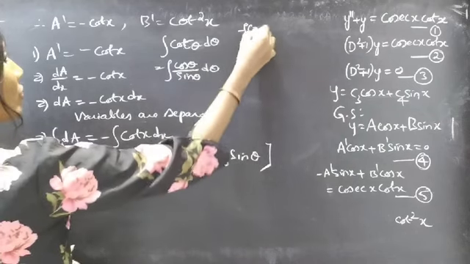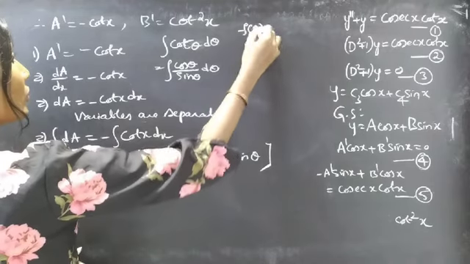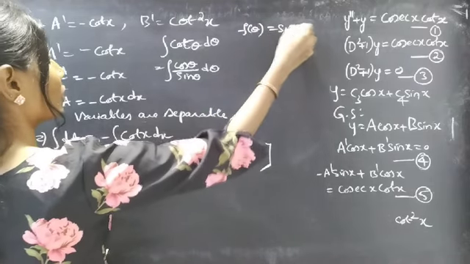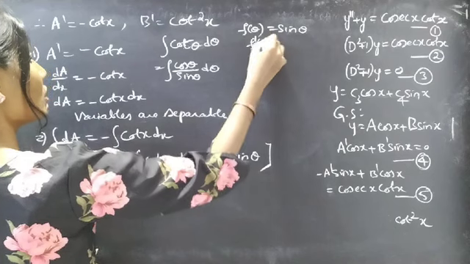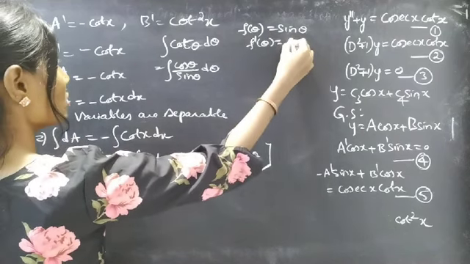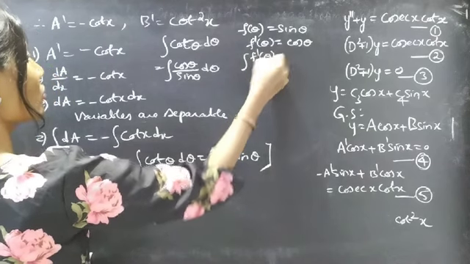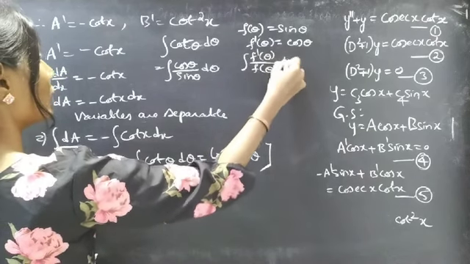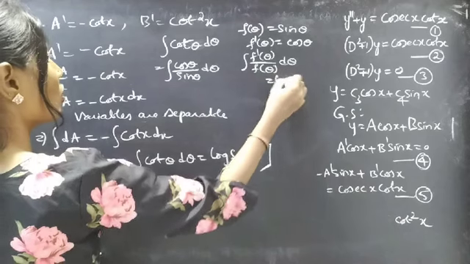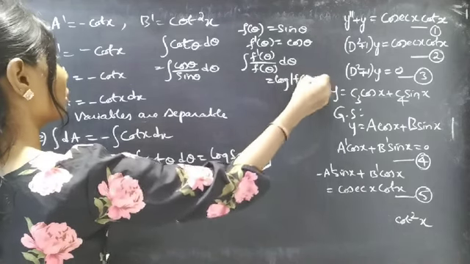If f of theta equals sin theta, then f dash of theta, the derivative of sin theta with respect to theta, is cos theta, right? Since we know that integral f dash of theta by f of theta d theta equals log mod f of theta, right?